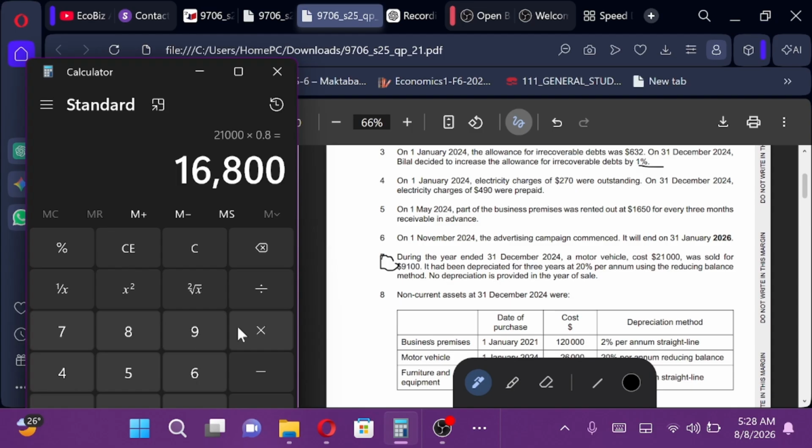Now notice this is reducing balance method, so we're going to keep going to find the depreciation of 31st of December 2024. So we take this amount, multiply by 80%. This amount is for 2022, times 80% again. This is for the year 2023.